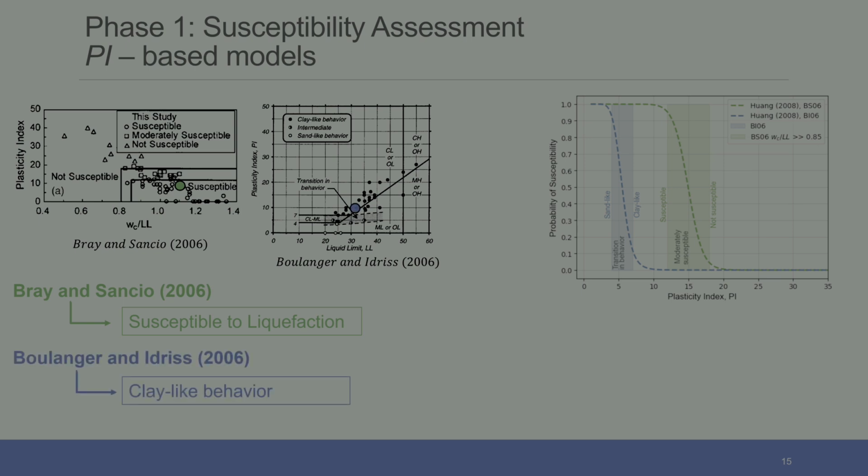Boulanger-Idriss 2006 will yield clay-like behavior. And if you use the converted versions of these models discussed in Huang 2008, the probability of susceptible to liquefaction is going to be 100% for Bray-Sancio and 0% for Boulanger-Idriss. So they yielded totally different results, totally the two end behaviors.